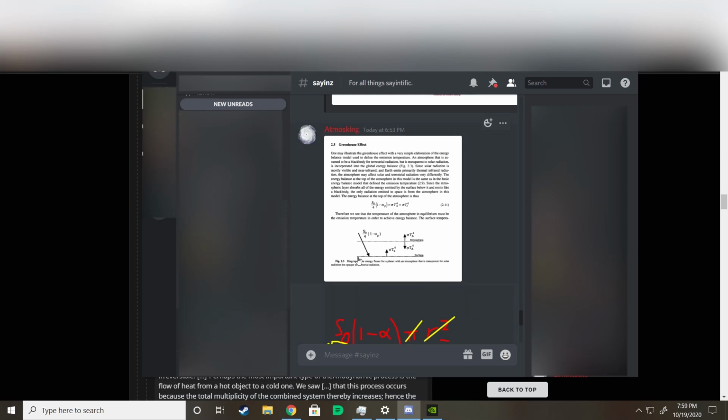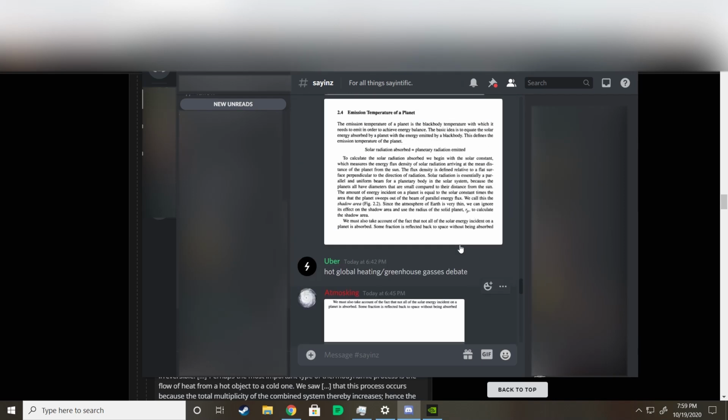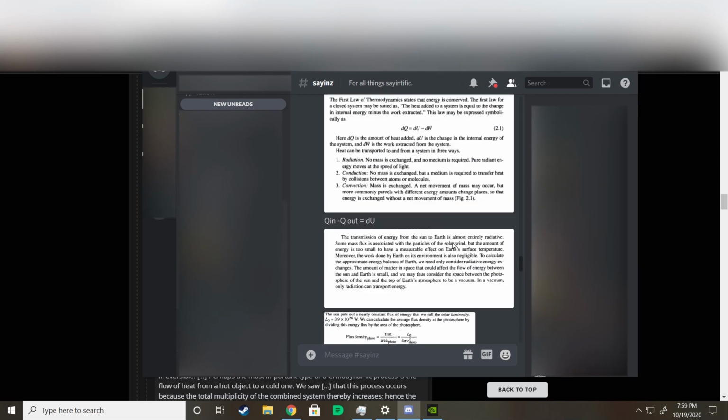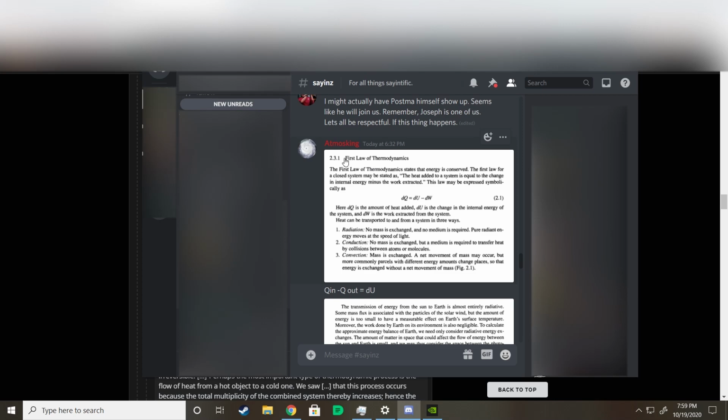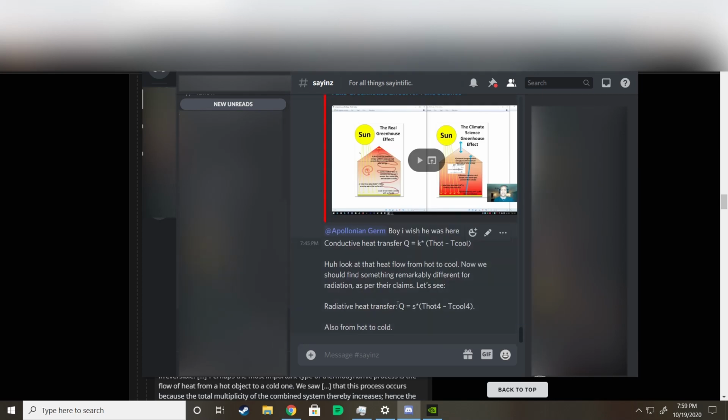That's specifically what it's for. So I refer to the first law of thermodynamics and the radiative heat transfer equation and simply say that interpretation is wrong. That downward arrow can exist, but not all energy is heat, and so it does not function as a temperature increasing function for the surface.